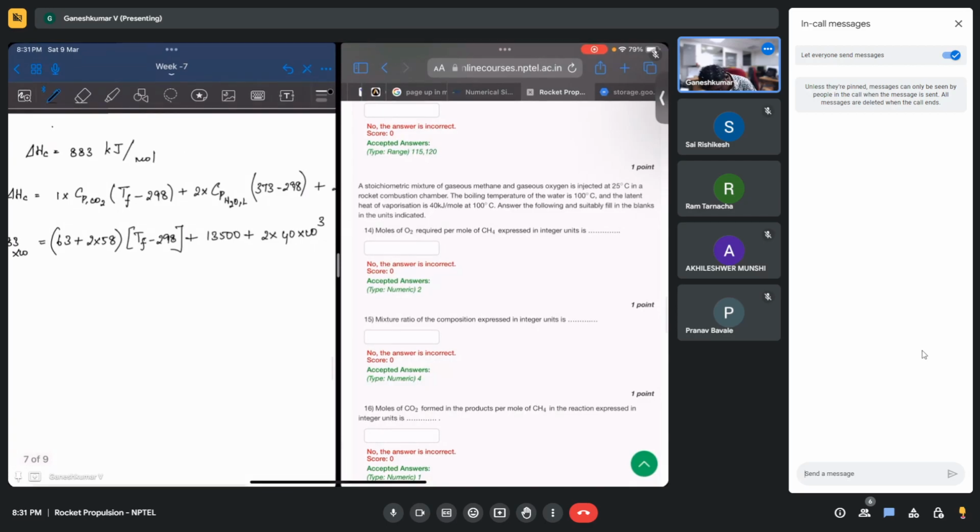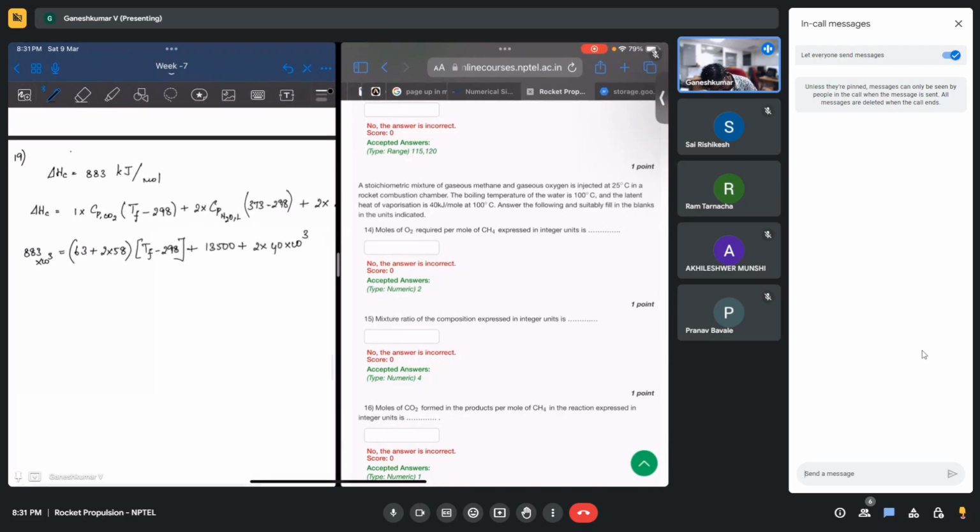So if it is the case, let's try to find out. 2 into 40 into 10 power 3 plus 13500, 883 into 10 power 3 minus that answer, divided by 63 plus 2 into 58.